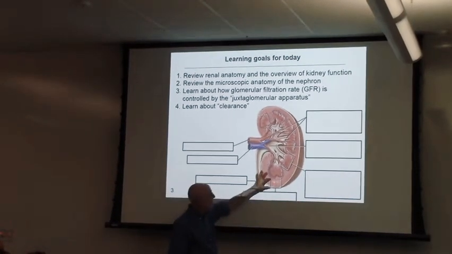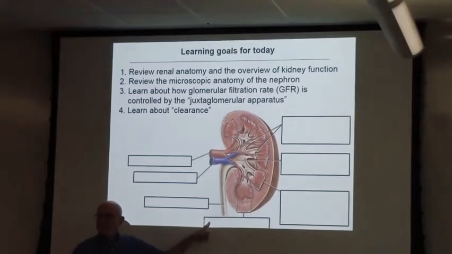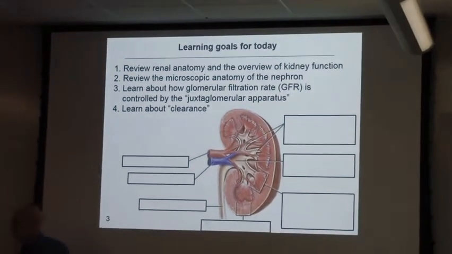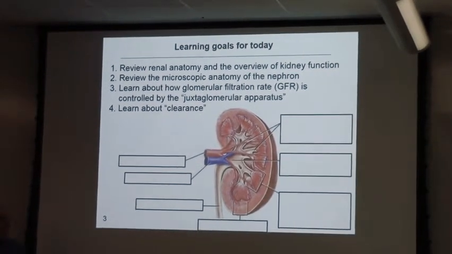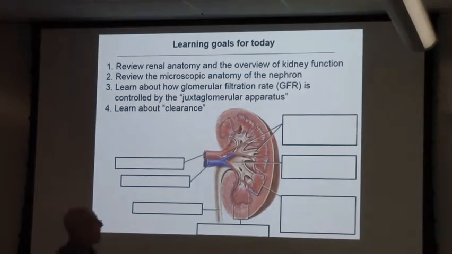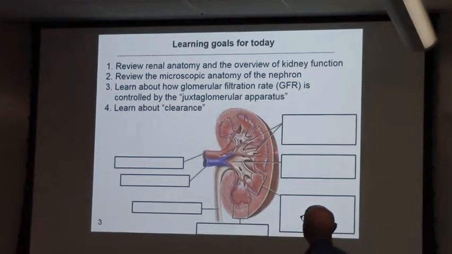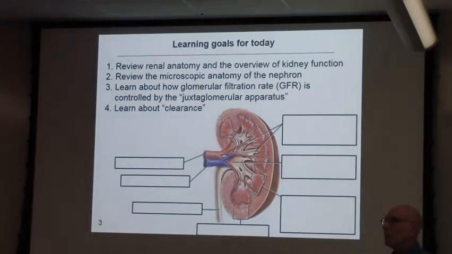This here is referring to the renal cortex. Good. Could we label parts that are not in a box? Sure. You want to point to something and give me another name? So the outer layer is the capsule. Good.